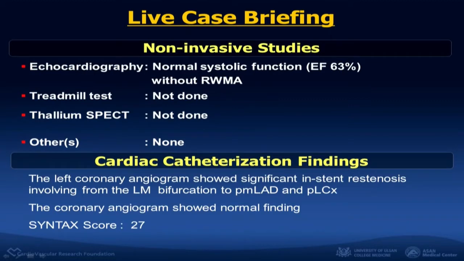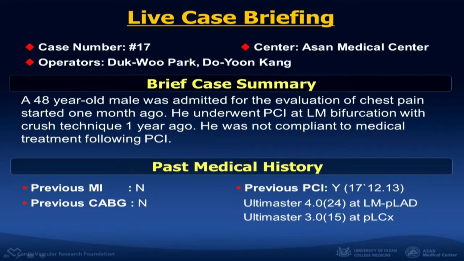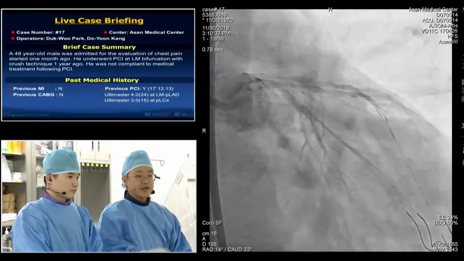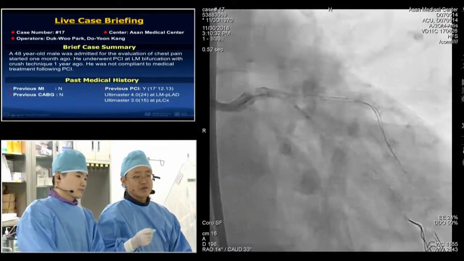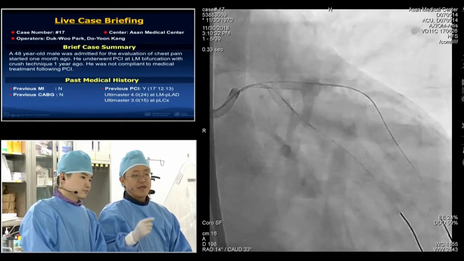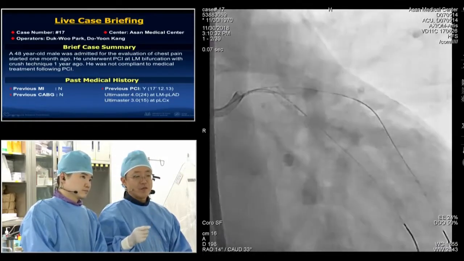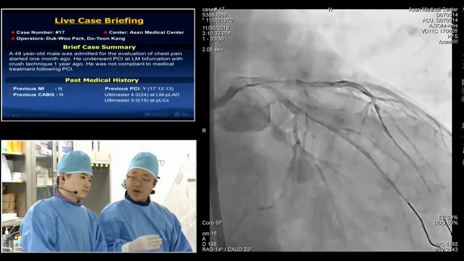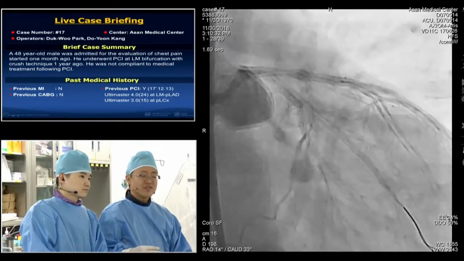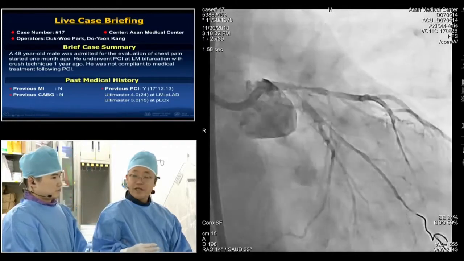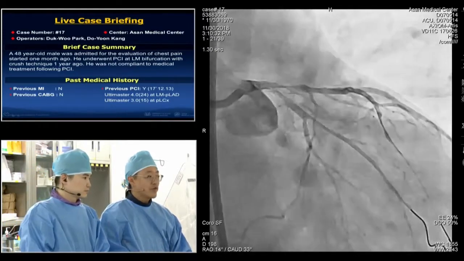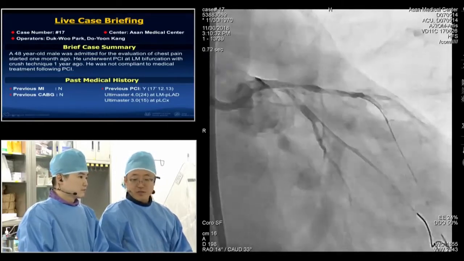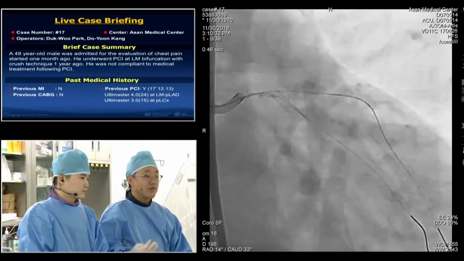So looking at the first procedure, 1 year ago, I performed the crush technique with the Ultimaster: the circumflex ostium is 3.0/15, and left main to LAD is 4.0/24. After 6 months of follow-up, the patient was reluctant to receive medication and unfortunately dropped the dual antiplatelet therapy and any statin therapies, going to herbal medication instead.